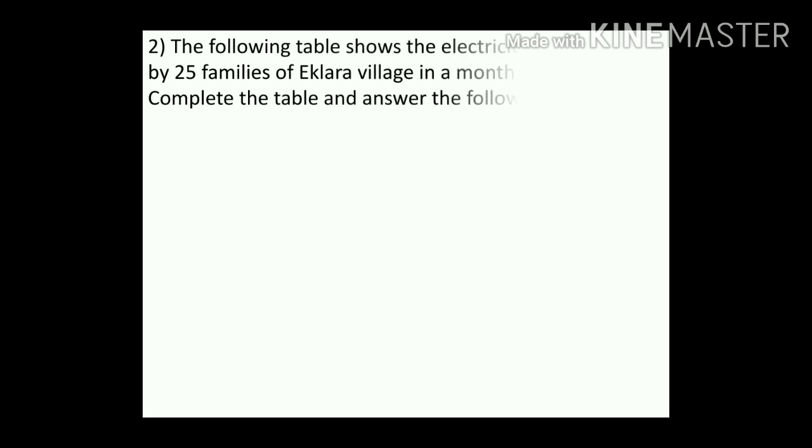Question number 2. The following table shows the electricity in units used by 25 families of Eklara village in the month of May. Complete the table and answer the following questions. Here, children, the table is given. By seeing the table we have to write the answers to the given questions.